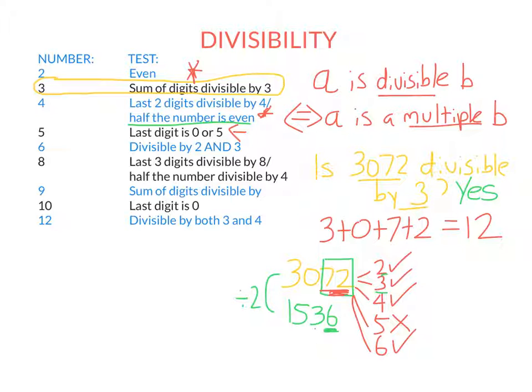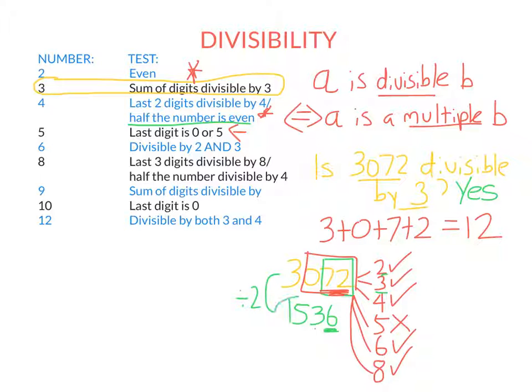So let's check whether or not this number is divisible by 8. To check whether it's divisible by 8, you have to look at the last 3 digits. So the last 3 digits here, 0, 7, 2. So 72 again. Is 72 divisible by 8? Yes, it is. Again, if the last 3 digits are hard for you to check, they might be like 242 or something, halve the number and see if it's divisible by 4.